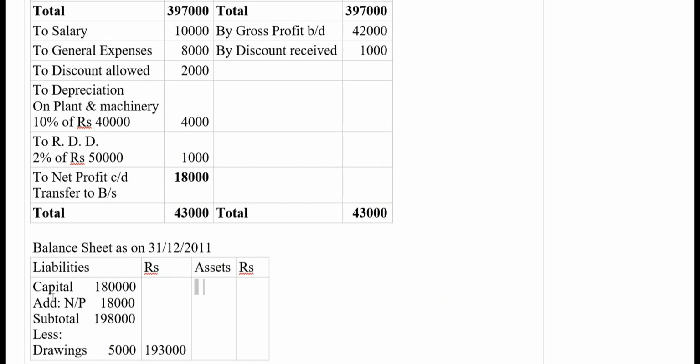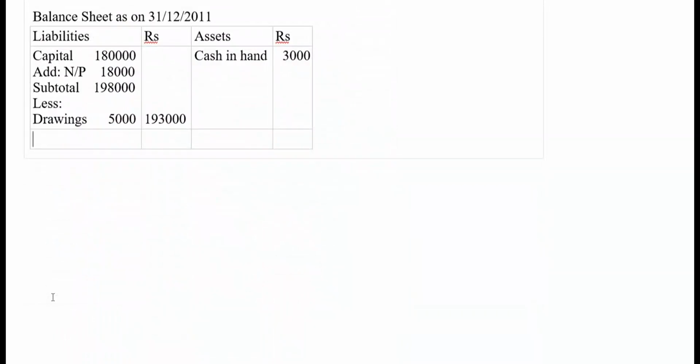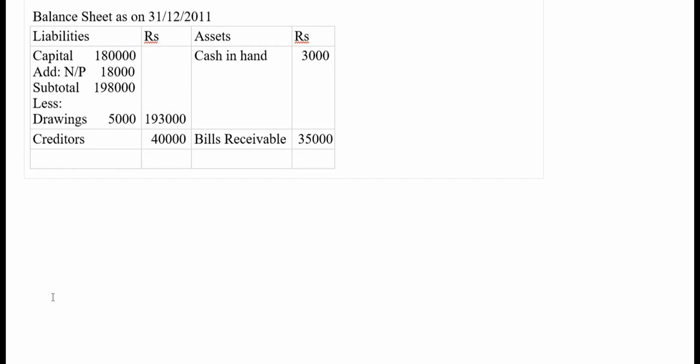Now cash in hand, rupees 3,000. Next, creditors, rupees 40,000. We should take the closing value. Then bills receivable, rupees 35,000.